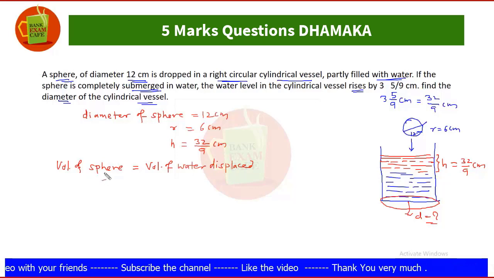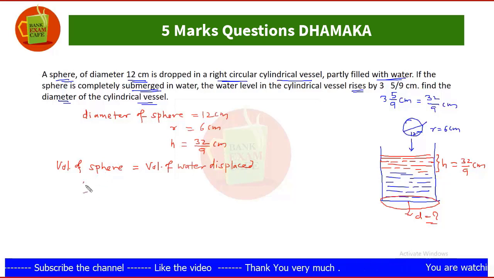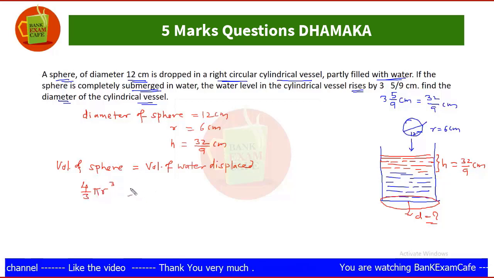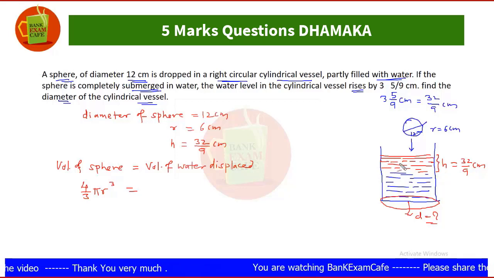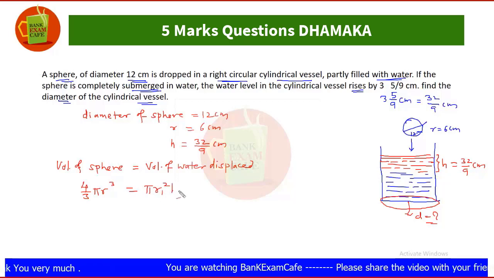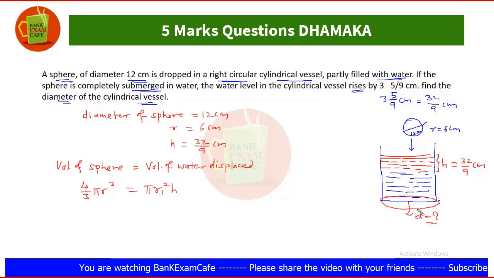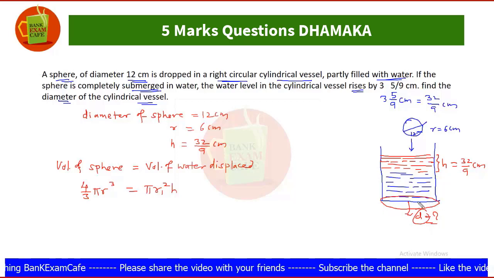So here volume of sphere is given by the formula 4 by 3 pi r cube, which is equal to the volume of the water displaced. So this is also a cylinder, so it will be pi r1 square h. Here we have to calculate r1 because r1 is the radius of the cylinder, and once we get r1 we can find the diameter of the base of the cylinder.